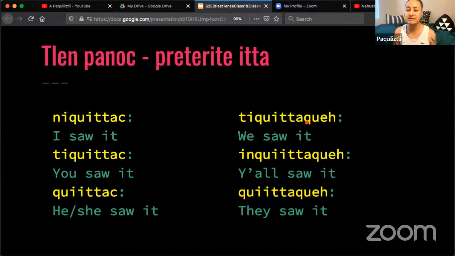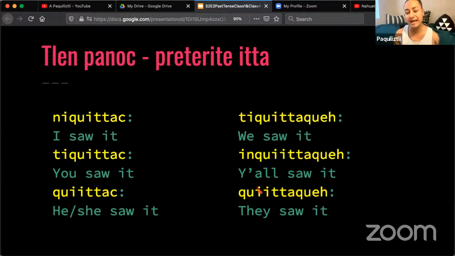And notice that the stress changes. Over here it was tikitak, the I was the highest, tikitak. And over here, once we add the ke, the second to the last syllable becomes the A, not the I. So now we have tikitake, okay? Y'all saw it, inkitake, and they saw it, kitake.